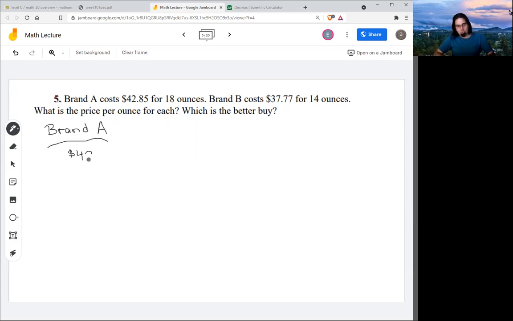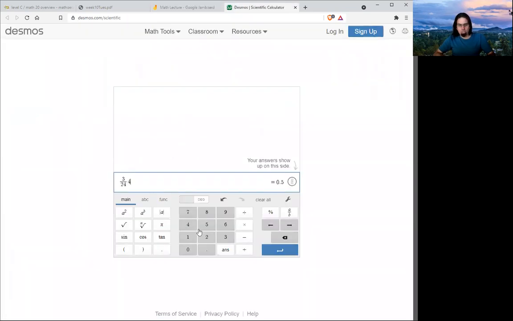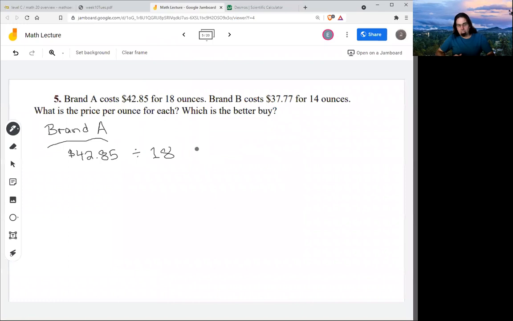We're finding two different unit rates. 42.85 divided by 18. It's about $2.38. That should be good.